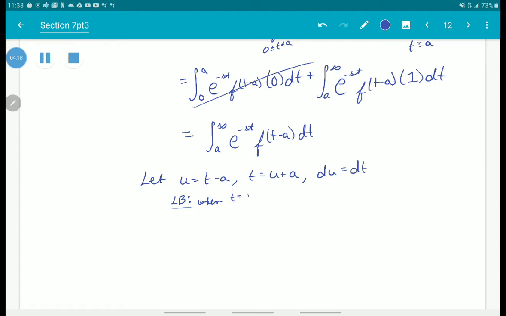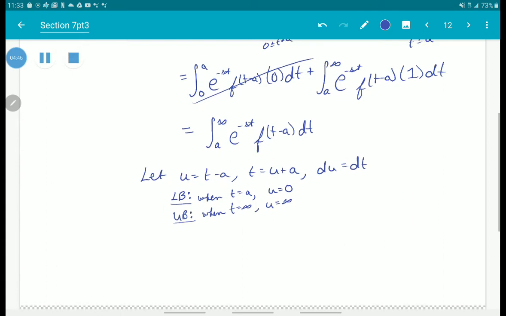So when t is equal to a, u is equal to a minus a, which would be 0. The upper bound, t is going to infinity, and if we plug infinity in here, infinity minus a would just be infinity. So we're completely translating this into this world of u.